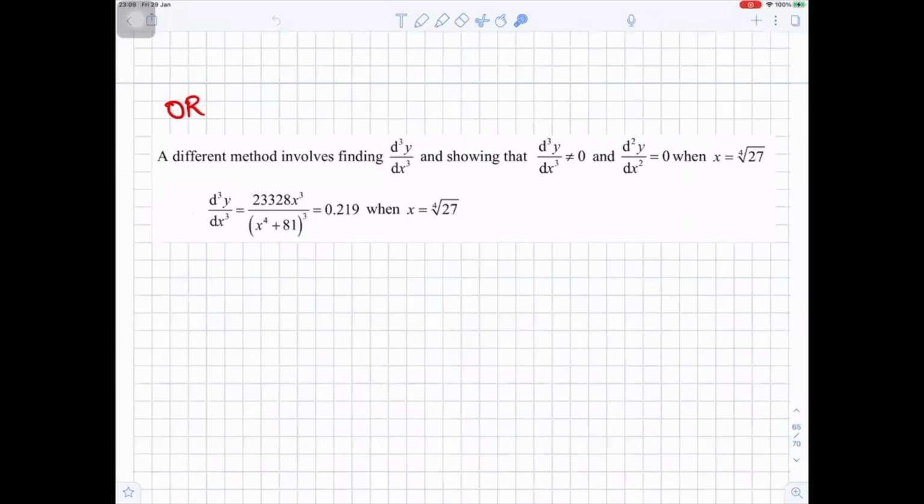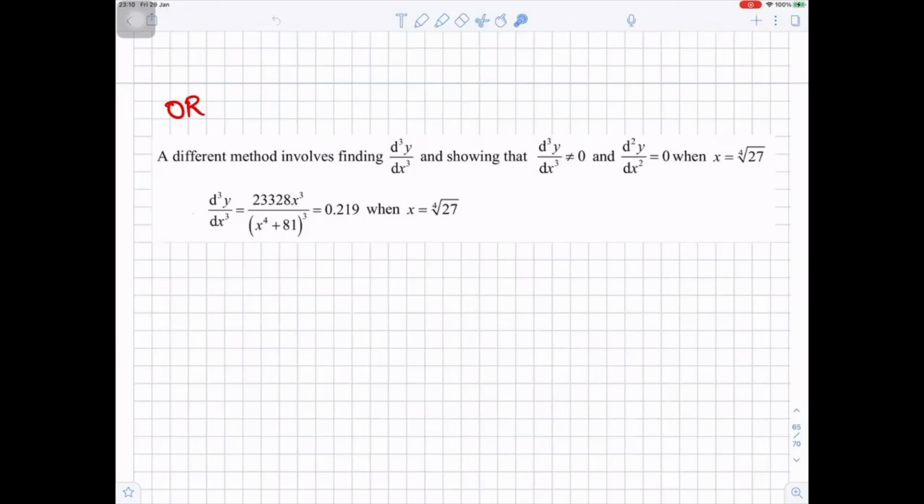Out of interest, a different method involves finding d cubed y over dx cubed. That means you differentiate the third time. And then you show that d cubed y over dx cubed is not equal to 0, and d squared y over dx squared is equal to 0 when x is the fourth root of 27.